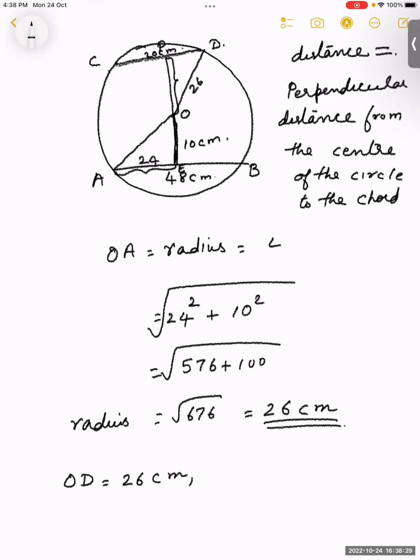What I asked is, what is OP? This is P. What will be PD? The length PD. What would that be?